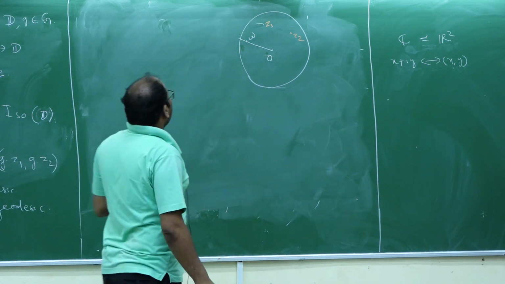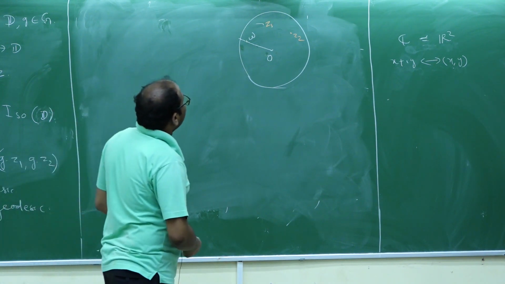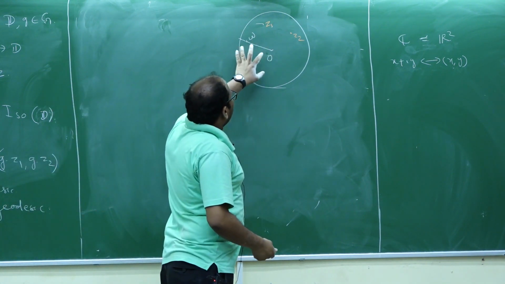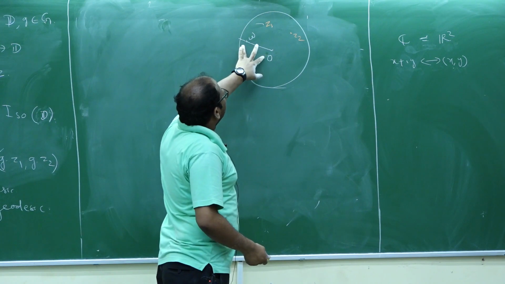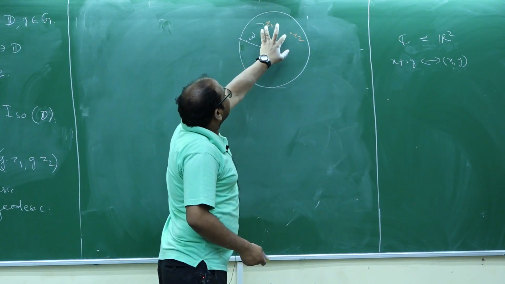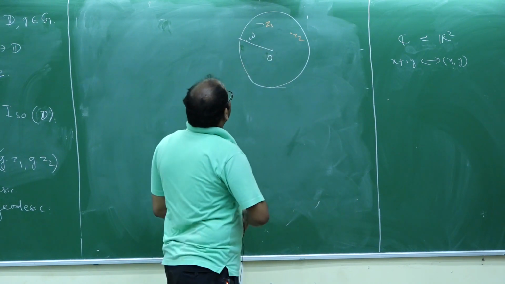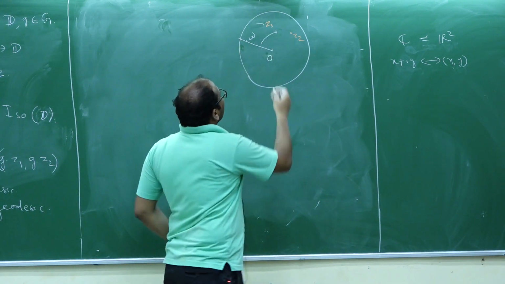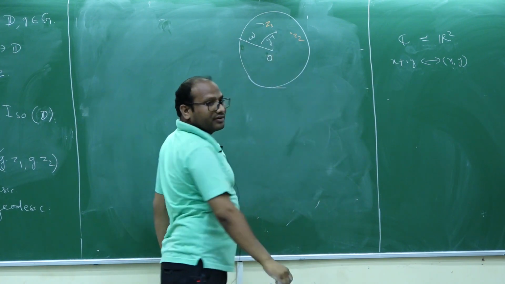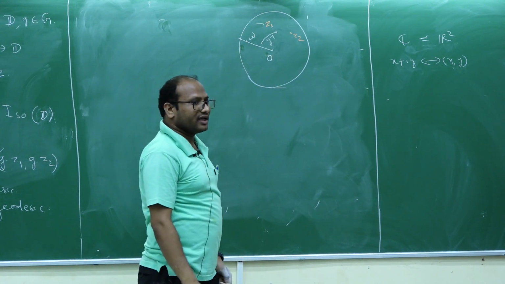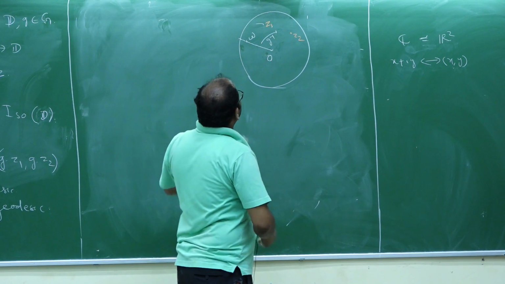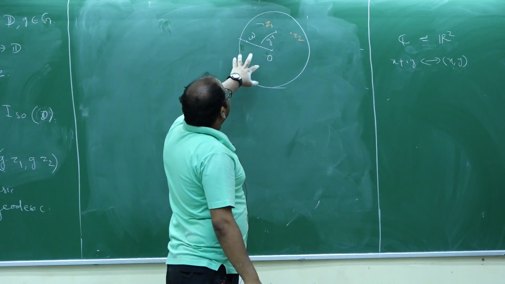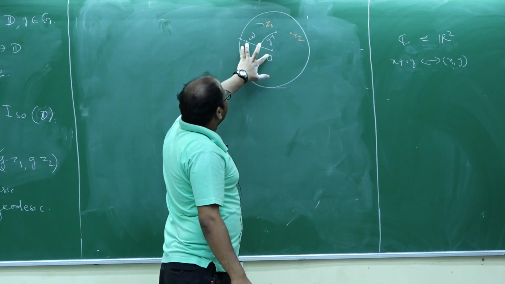Since G is an invertible map, the geodesic joining Z1 and Z2 will be the image of this diameter under G inverse.